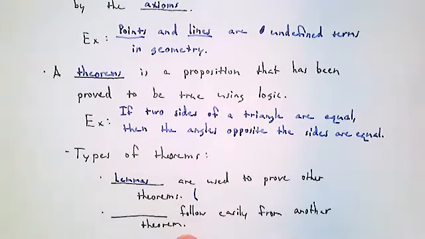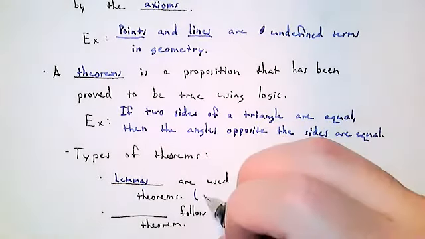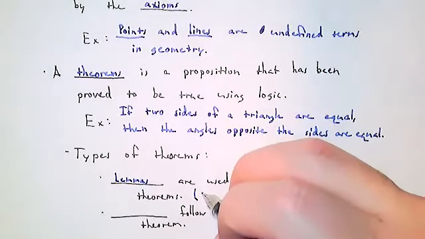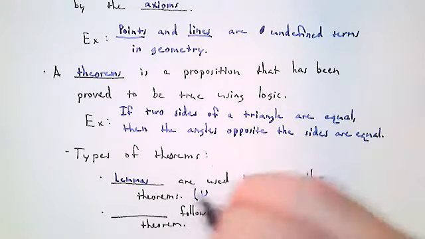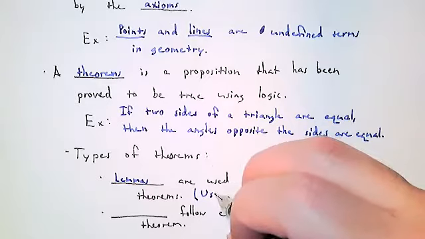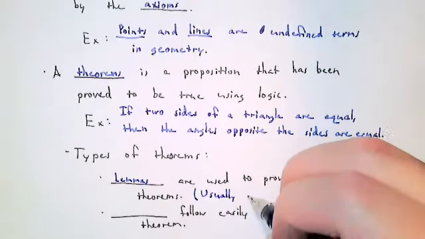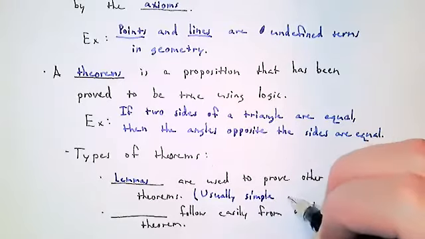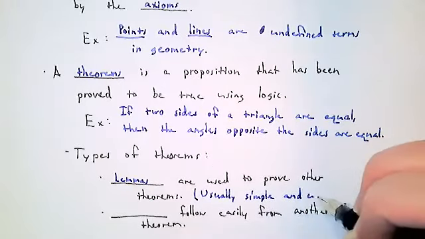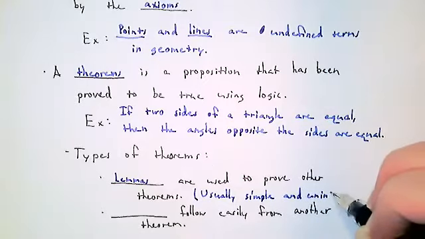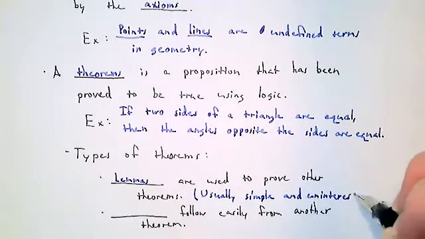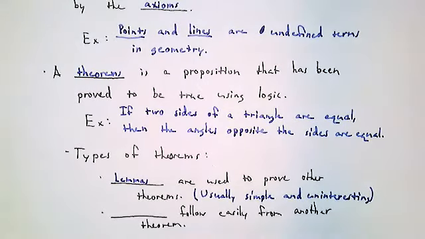But by themselves, they're usually simple and maybe not very important if you just look at the lemma. Maybe it doesn't say anything that's very important. And that gives the name lemma. They are types of theorems, though. They're still propositions that have been proven to be true.